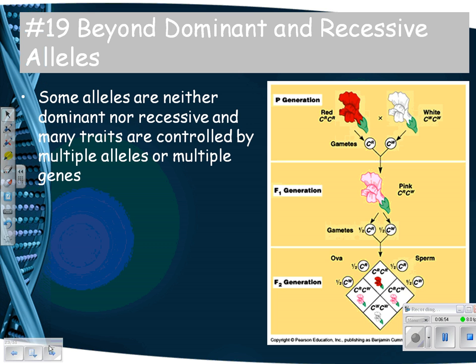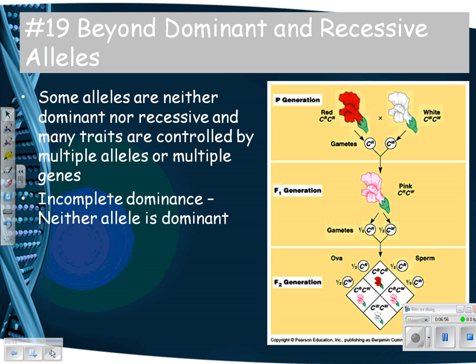We call this incomplete dominance, when neither allele is dominant. So the red making allele is making some red, while the white is making some white, and neither one is dominant over the other.